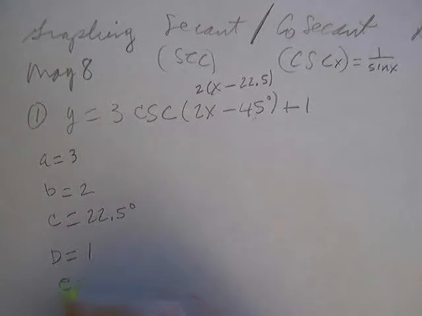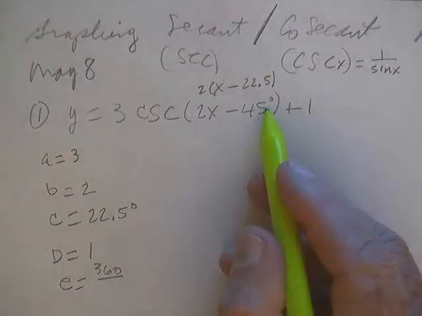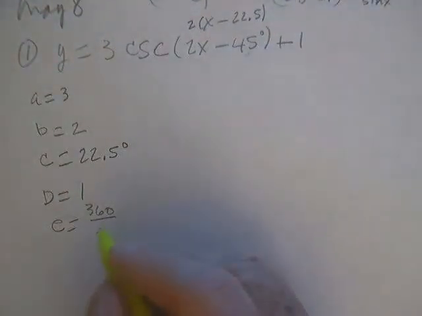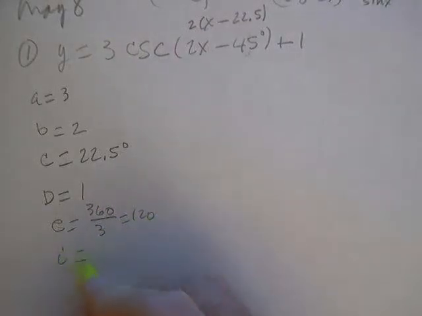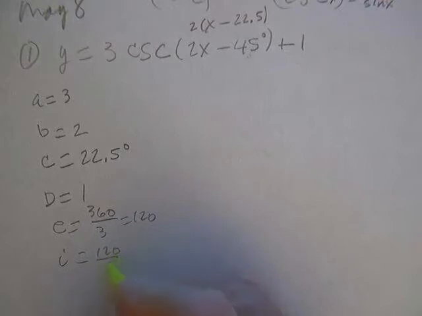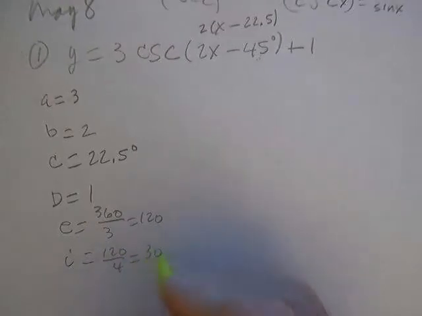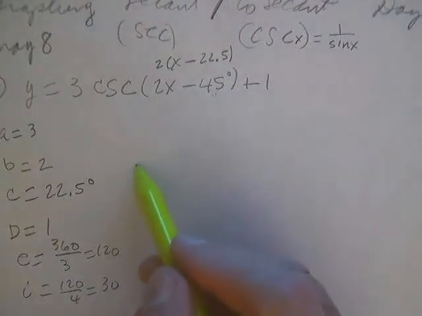D's hanging off the end. We're back to 360 because we had degrees. If they give you degrees, use 360. If they give you radians, use 2 pi. 120 divided by 4 is 30. Okay, so we've got everything we need.